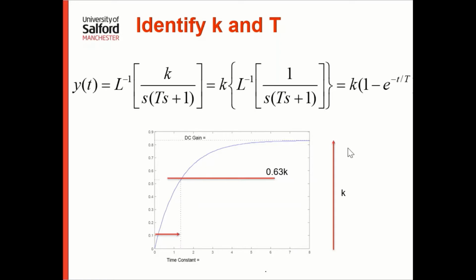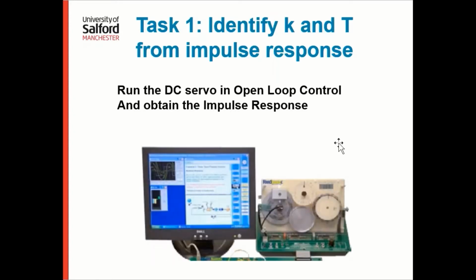That will give us T, this will give us k. So then we can identify the k and the T in our system. But remember that we've done this for an impulse response this time, not a step response, because the transfer function has got this extra s term in there. So then we can move on to identify k and T from the impulse response.